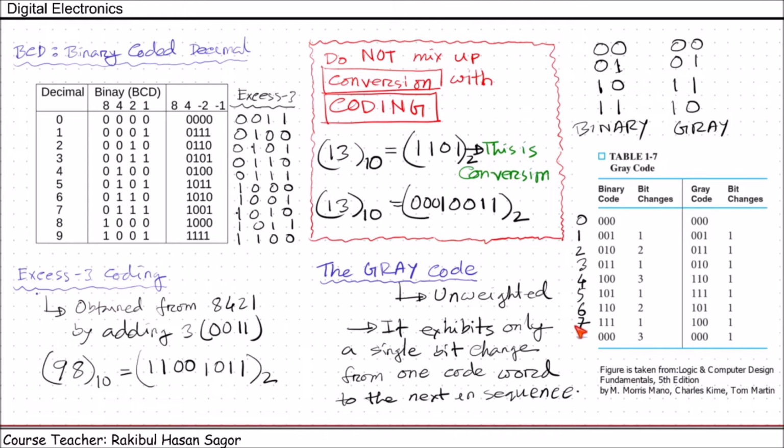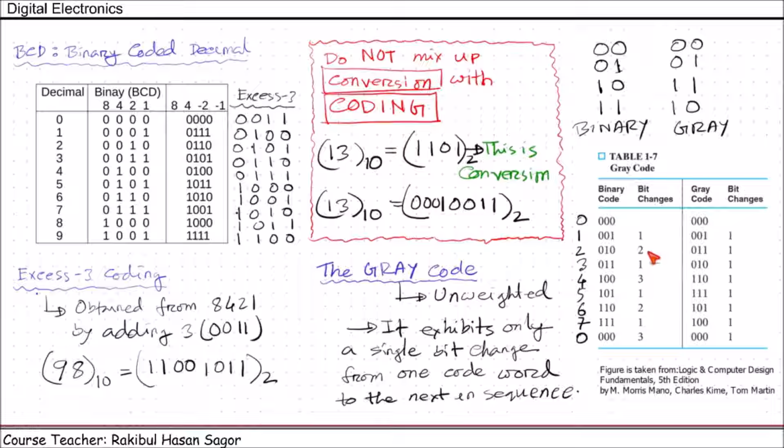Using 3-bit, we can write up to 7, then again the next number will be 0. We can see while going from 0, 0, 0 to 0, 0, 1, there is only one change. This 0 becomes 1. From 0, 0, 1 to 0, 1, 0, how many changes are there? There are 2 changes. 1 becomes 0, this 0 becomes 1. That's why it is written 2.